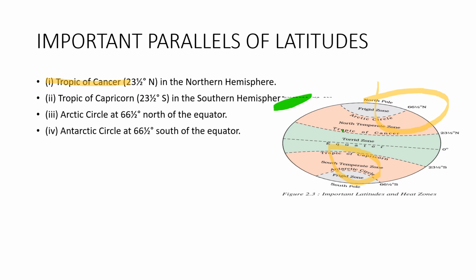Arctic Circle at 66.5 degrees north of the equator, and Antarctic Circle 66.5 degrees south of the equator. So these are the important parallels of latitude. Here we can see that there are four: Tropic of Cancer, Tropic of Capricorn, Arctic Circle and Antarctic Circle. These are some of the most important points we should remember.